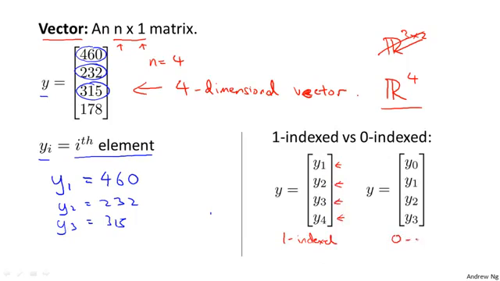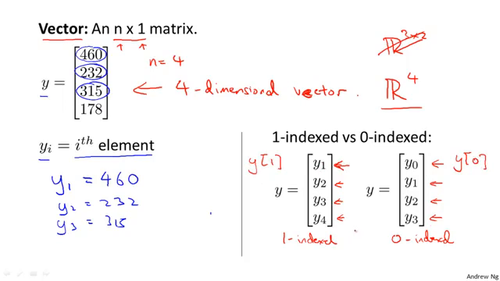The example on the right is a 0-indexed vector, where we start the indexing of the elements from 0, so the elements go from y0 up to y3. This is a little like the arrays of some programming languages, where arrays can either be indexed starting from 1, this kind of C++ notation I guess, or sometimes 0-indexed, depending on what programming language you use.